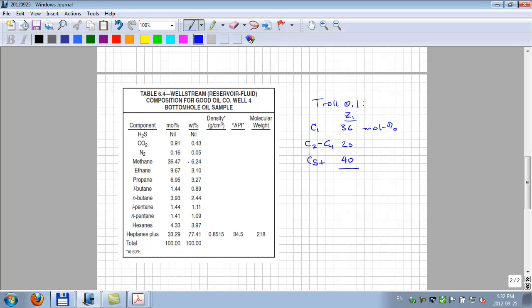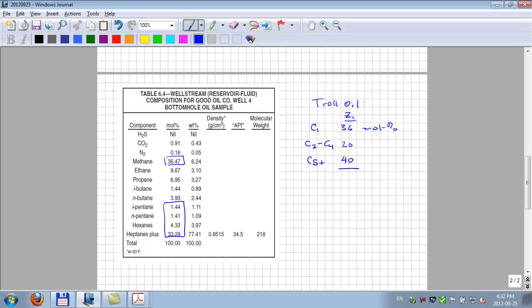Well, what you see is that in this Table 6.4, you've got methane in about 36%. And if you take the C5 plus, which is this stuff here, that's pretty close to 40%. So I thought, what the hell? We'll use this as a surrogate, as an approximation for our Troll oil.